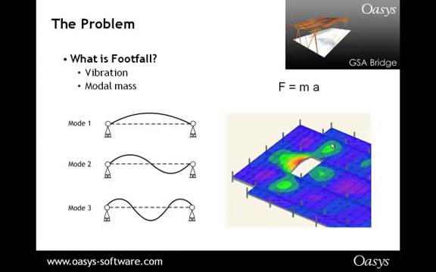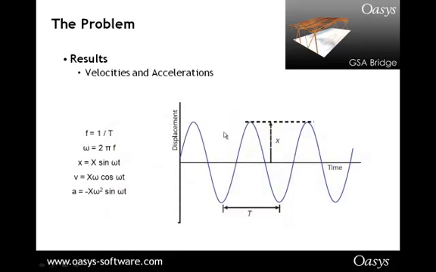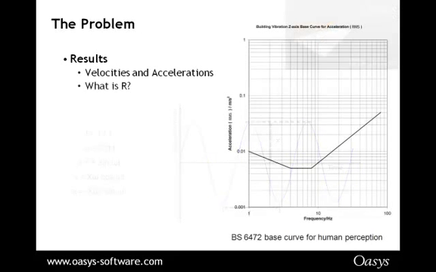Now this is important because force equals mass times acceleration, or to rearrange, acceleration equals force over mass. So the force is the foot forces, people, the heel drop forces. The mass is the mass of the bridge moving at that point, and so the more modal mass, the less acceleration. And accelerations are what we're after, and velocities too, but accelerations mostly, which are all derived from the vibration.